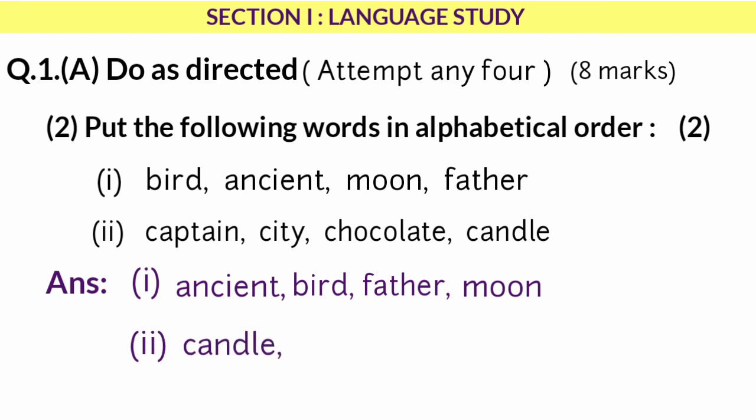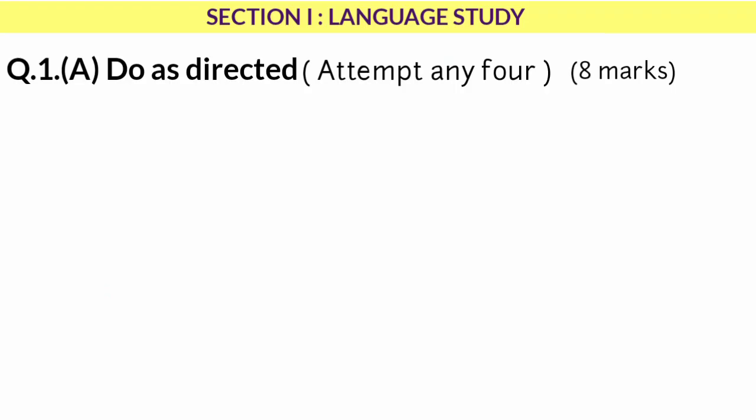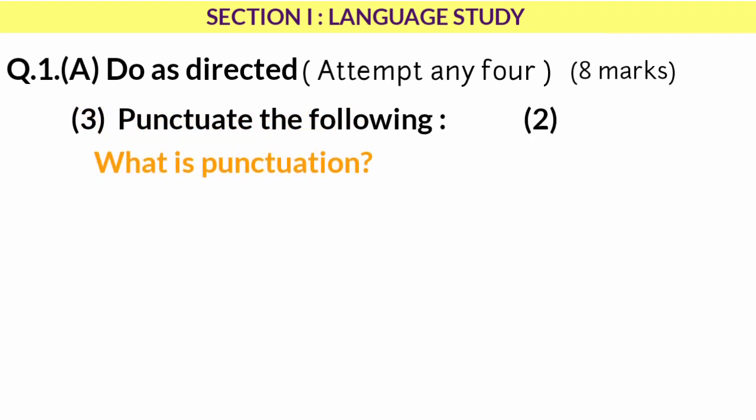Sometimes the second letter is also the same for some of the words, and you have to consider the second letter also for the alphabetical sequence. If you get it correct, you can get full credit, 2 marks for the 2 sets.